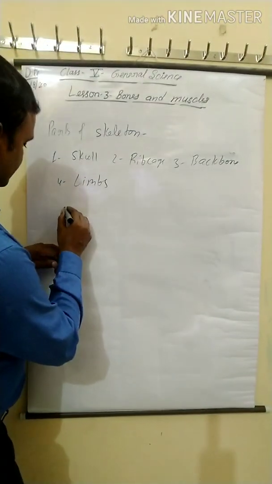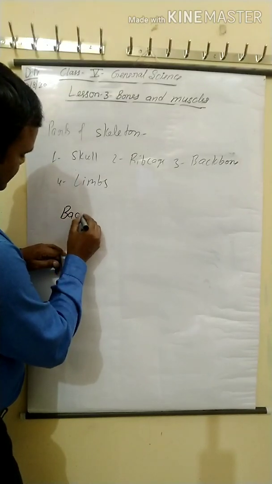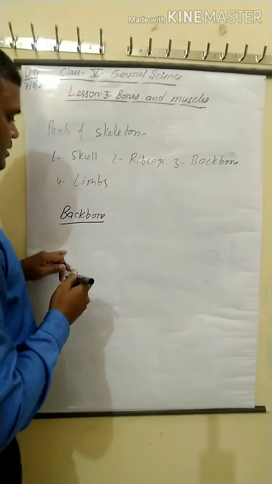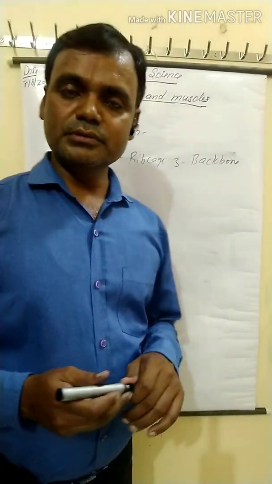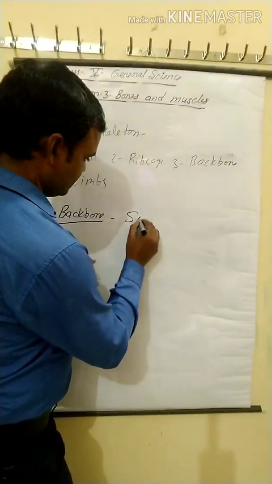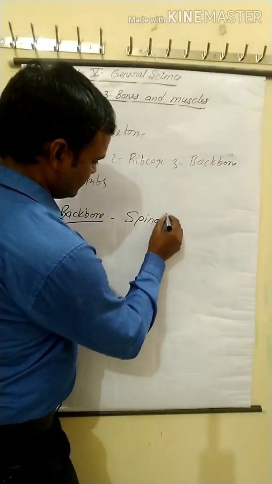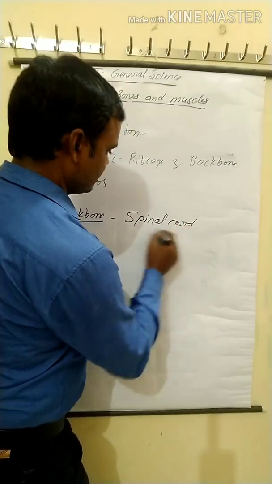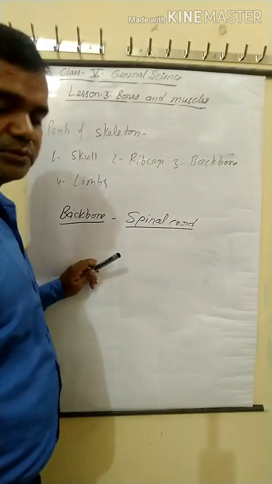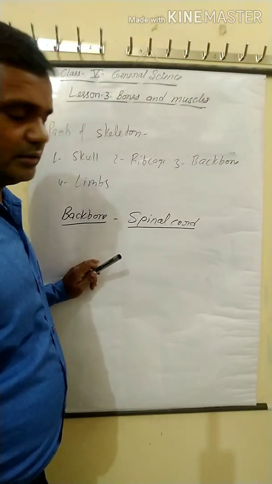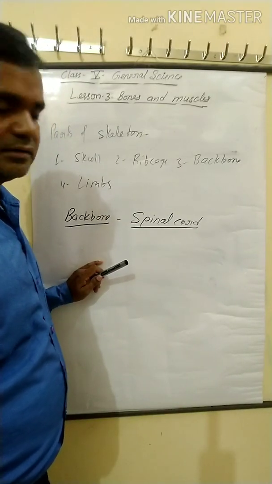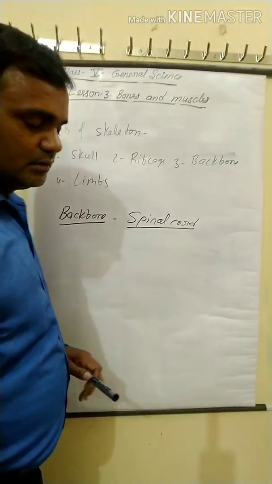Next is the backbone. You know that the backbone protects the spinal cord, and the spinal cord controls reflex action. This reflex action is not controlled by the brain, but by the spinal cord.